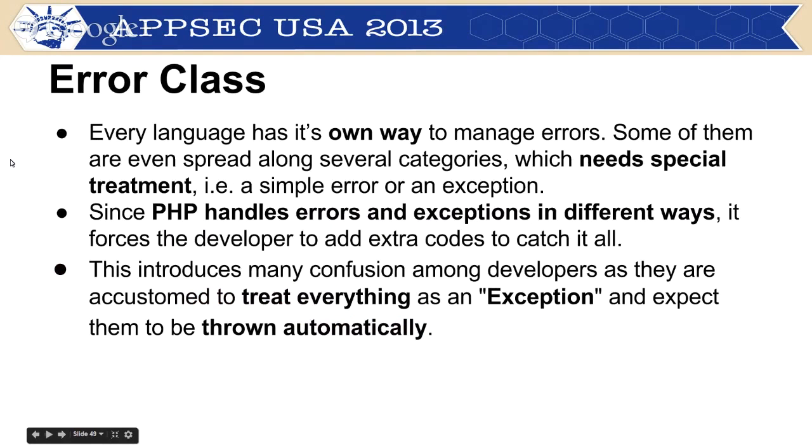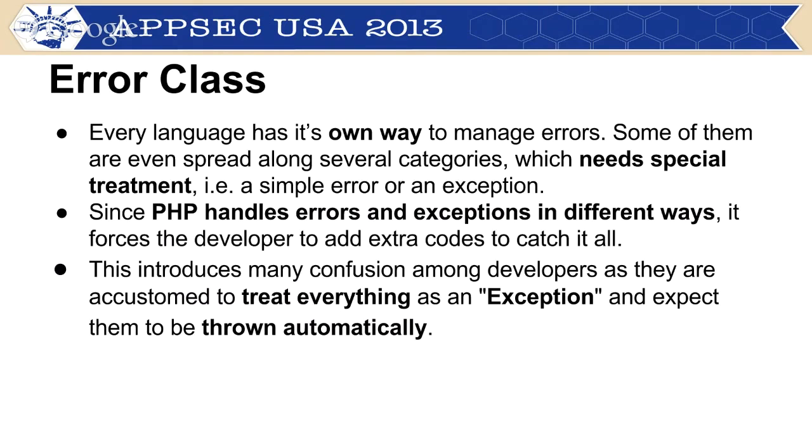Then there is the error class. The essence of the error class is that PHP throws two kinds of errors: exceptions and errors. If you do 2 by 0, that's an error. If you try to access a private member which you should not access, that's an exception. Many people are not good at distinguishing errors from exceptions.